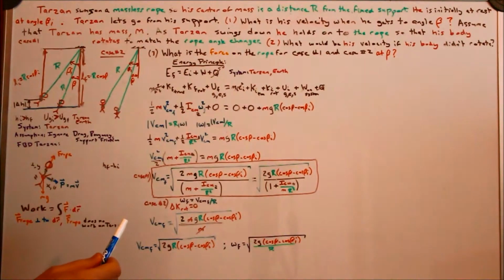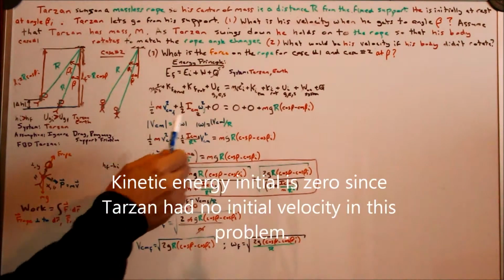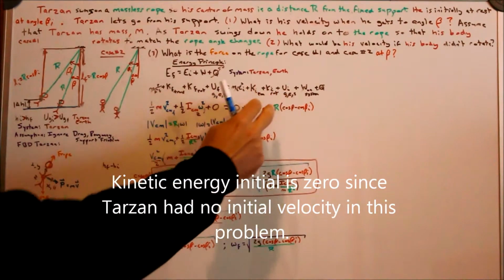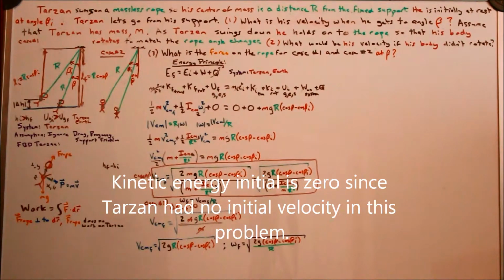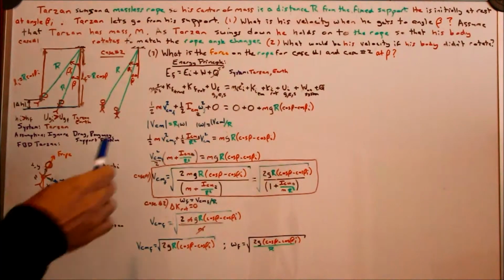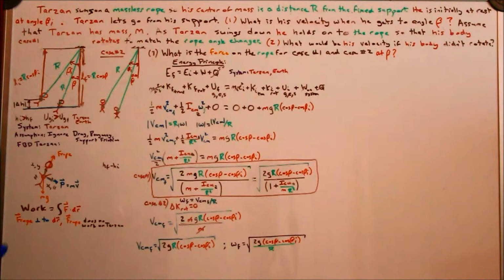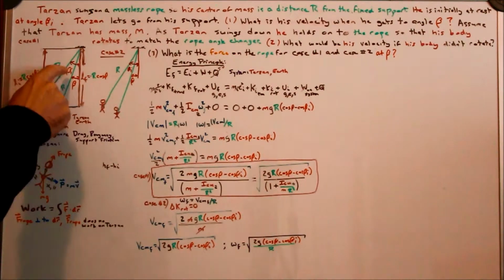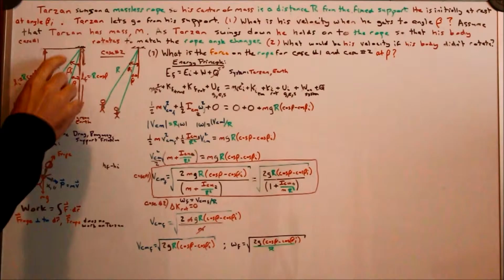So kinetic energy at the beginning was 0, so those terms are zero. Now think about potential energy of gravity. You can either have values here or here, but there's a delta potential energy that's happening. Looking at it graphically here, he started out at this position, he came over to here, the angle changed to beta, r stayed the same.